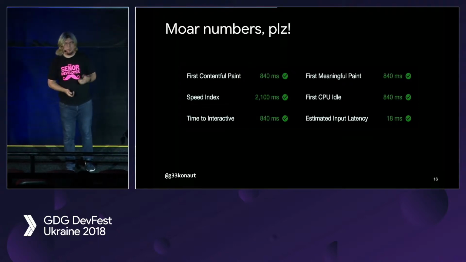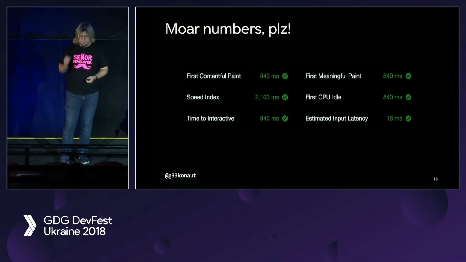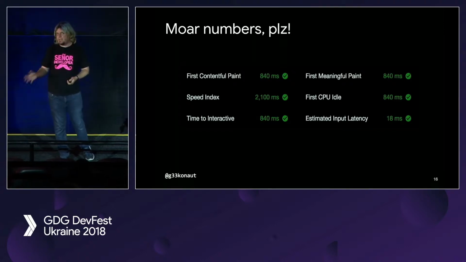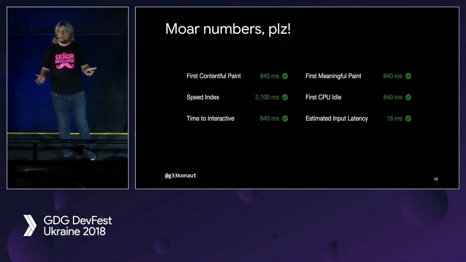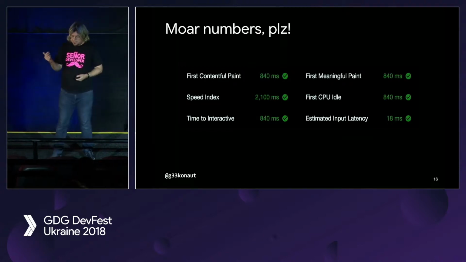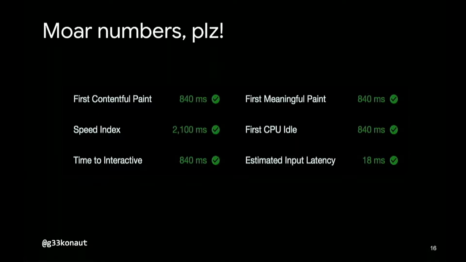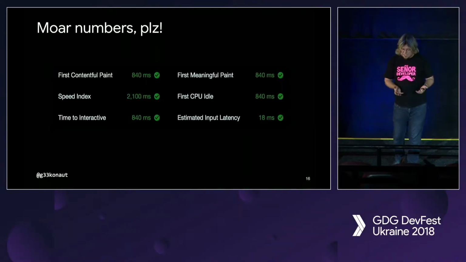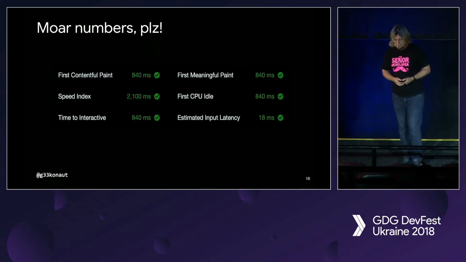If we look closer at the numbers, it's actually better than you might expect originally. On a 2G or 3G connection, we still get our first contentful paint after 0.8 seconds. 0.8 seconds, that I think is pretty fine to get some content on there. The first meaningful paint takes a little longer, basically not longer at all, really. So we get all the content there really quickly and we'll have a good time. Fantastic.